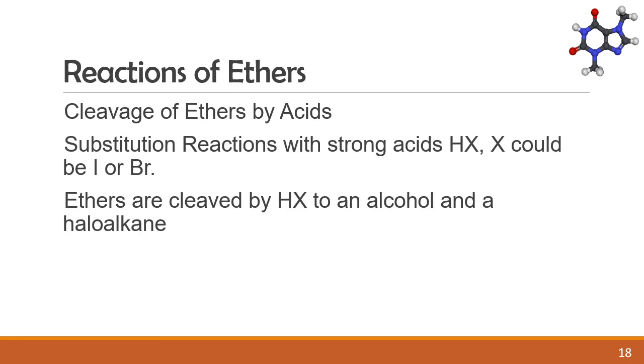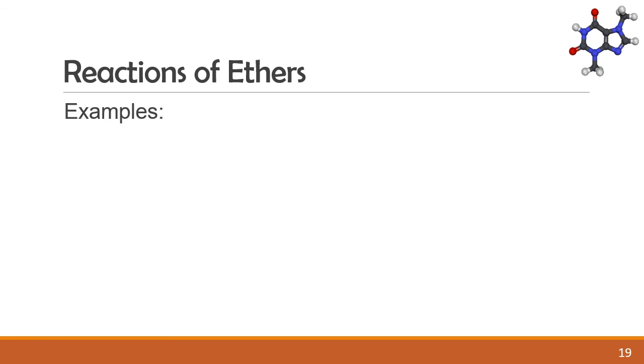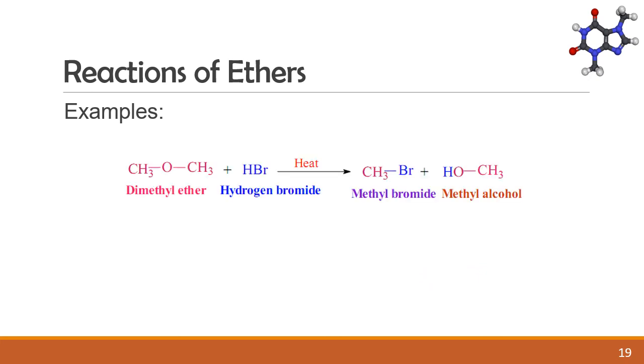An ether can react with a concentrated acid such as those formed by iodine or bromine to form an alkyl halide and an alcohol. The reaction proceeds as follows. Here is an example of a reaction of an ether.